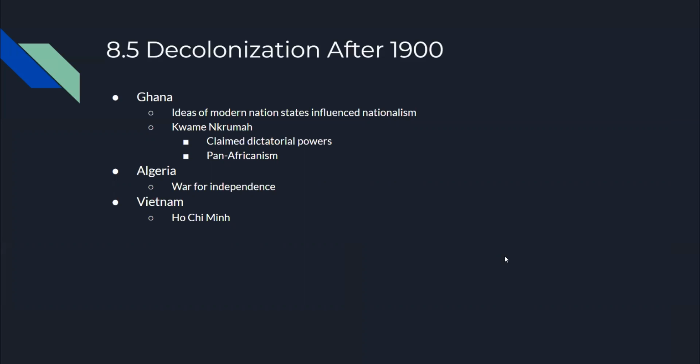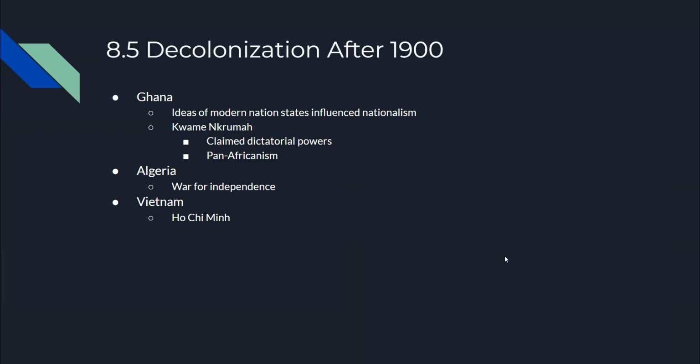And he also created numerous public works and development projects, such as hydroelectric plants. And the thing is that by 1964, he claimed dictatorial powers when the voters agreed to a one-party state with him as a party leader. So he basically was the ruler of Ghana.